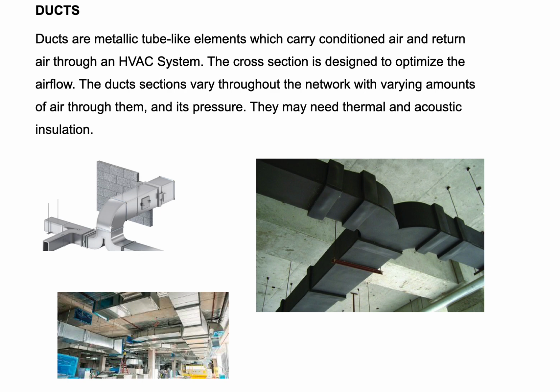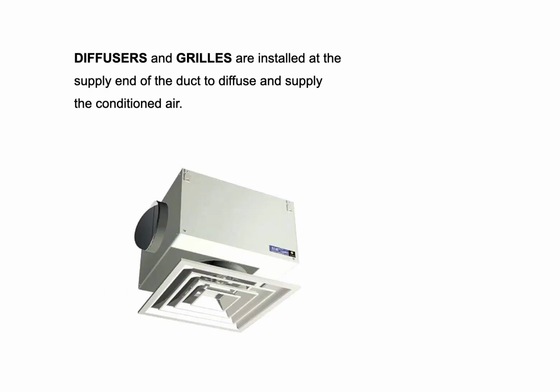So ducts, in this image that you see, have not only varying diameters, but they also have special jointing so that air may not leak from there. Diffusers and grills are installed at the supply end of the duct to diffuse and supply the conditioned air.